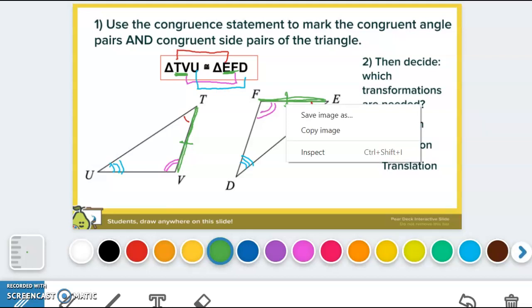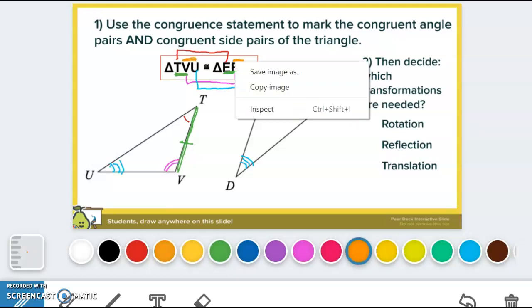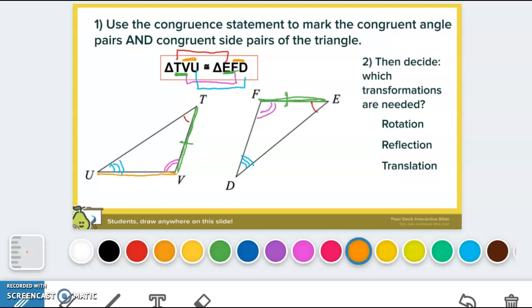Okay, what else do we know? We can put VU, and FD are the last two letters. VU and FD. Where is FD? It's these two. Okay, so they correspond, so I'm going to put two notches there, two notches here.